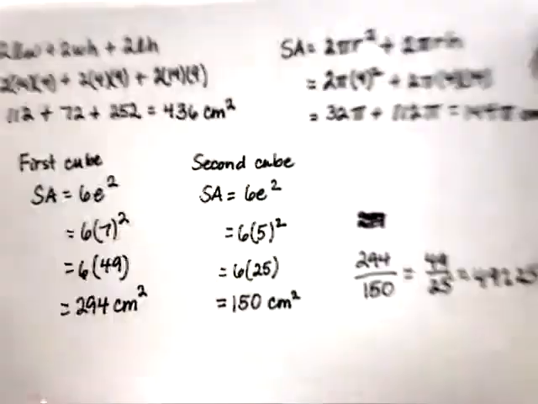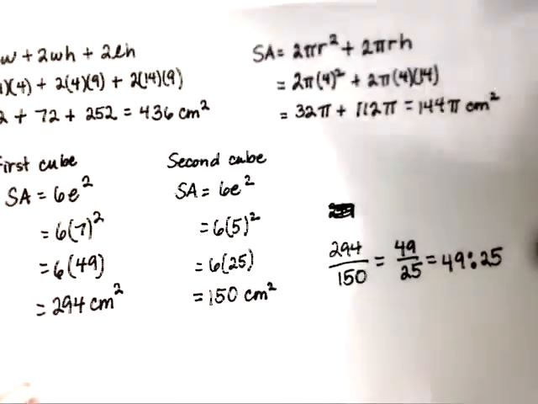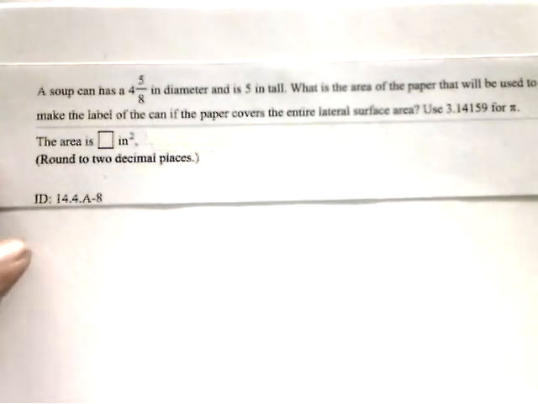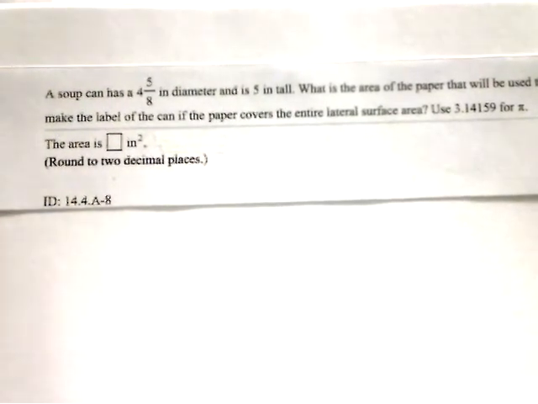Okay, now let's look at the third one. It's a soup can. It has a 4 5/8 inch diameter and is 5 inches tall.